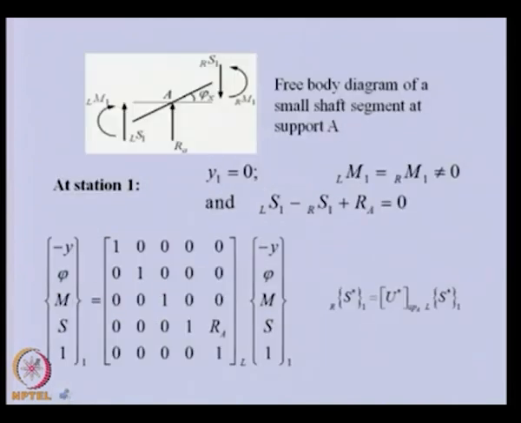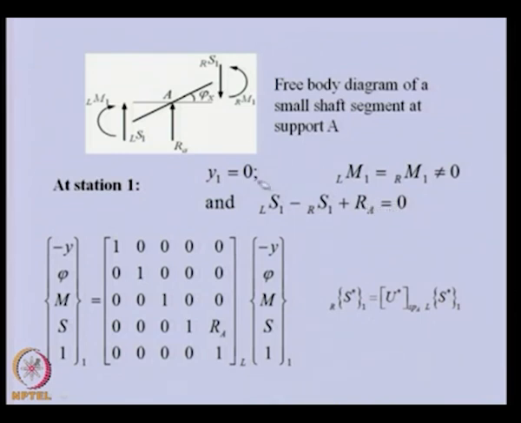Now, we are again coming back to the conditions at the support. At support, what are the conditions we have? We have y1 equal to 0, that is, the displacement at station 1 is 0. Moments are not 0 at the left and right side, and the force balance contains the shear force and also the unknown reaction force.